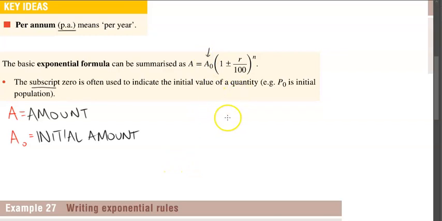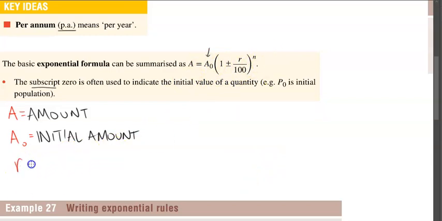So the question will always give you the initial amount. In our previous example, the initial amount was 10,000 because that's how many people started off within the town. A0 is initial, and we use 0 because this just means the starting time frame. We don't put 1 because 1 would indicate after 1 year. So we have to use 0 as a general rule of thumb.